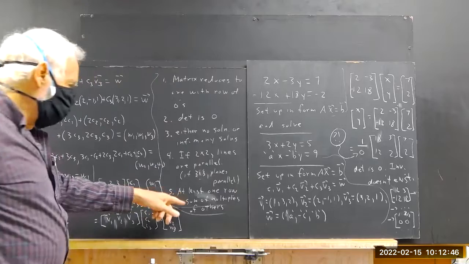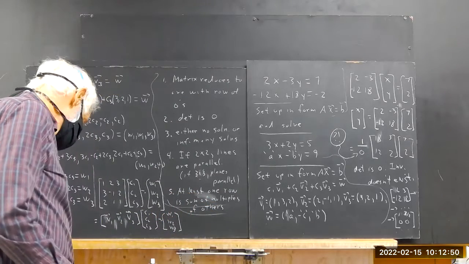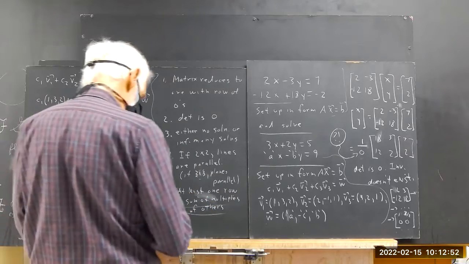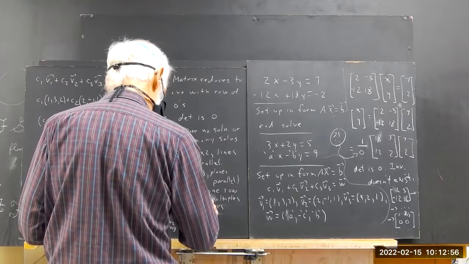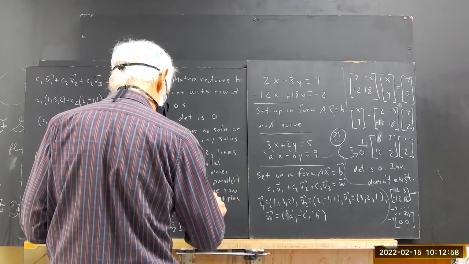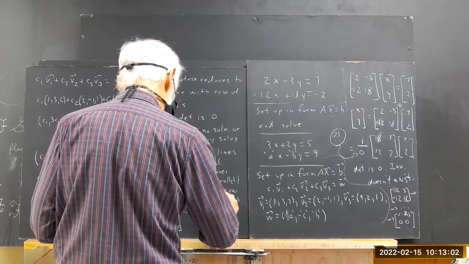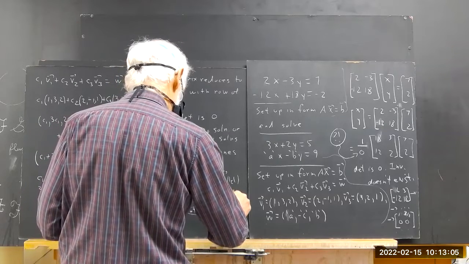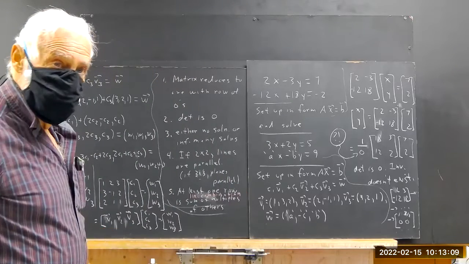And what's another word for sum of multiples? A linear combination. So I'll write that down. It might be a little hard to read even on the video.